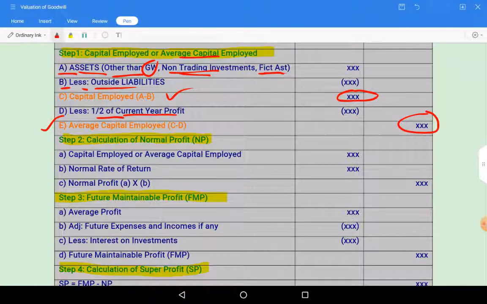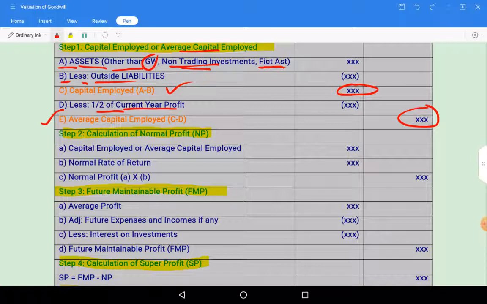Step 2 is very easy. Step 2 is nothing but step 1 into NRR. What is step 1? Step 1 is calculation of capital employed. So capital employed is step 1, into normal rate of return.